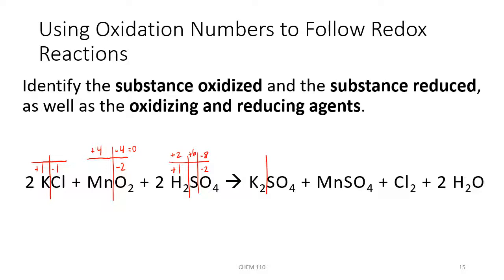Moving to the product side now, potassium sulfate. Oxygen is a -2. There's 4 of them, so -8. Each potassium is a +1, and there's 2 of them, so +2. Sulfur over here is also a +6, so it did not change in that compound. Manganese sulfate is an example where we have a polyatomic ion with a transition metal.